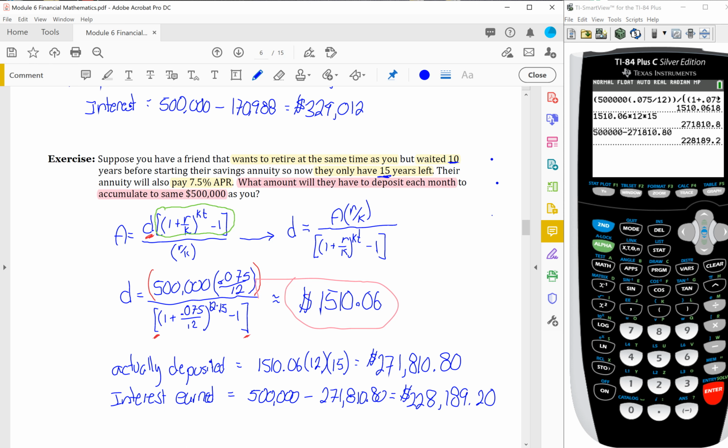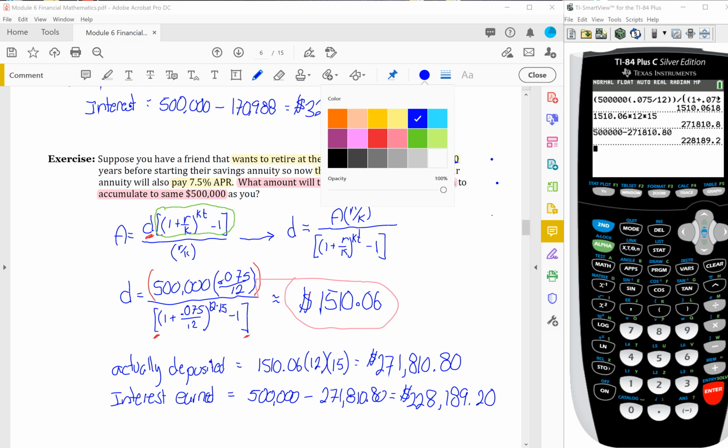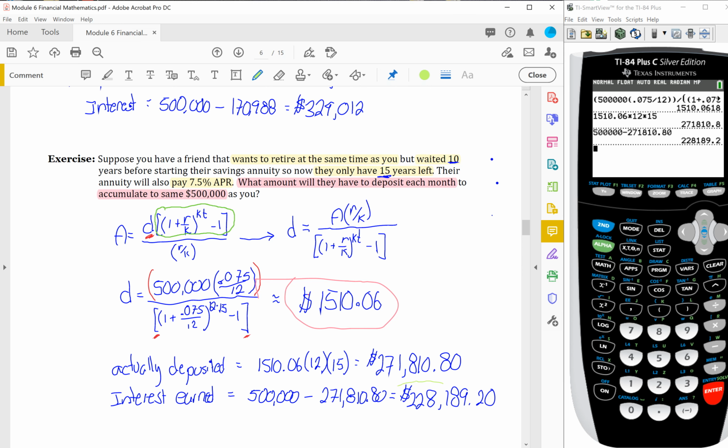So they still get to claim considerable amounts of interest here. But in comparison, they got to benefit from $228,000 of interest, while you got to benefit from $329,000 of interest. And this, again, is due to the fact that they waited 10 years to start this.